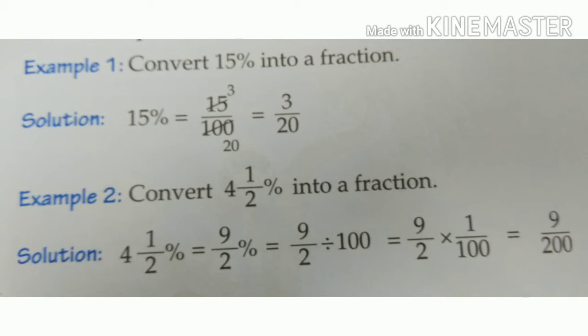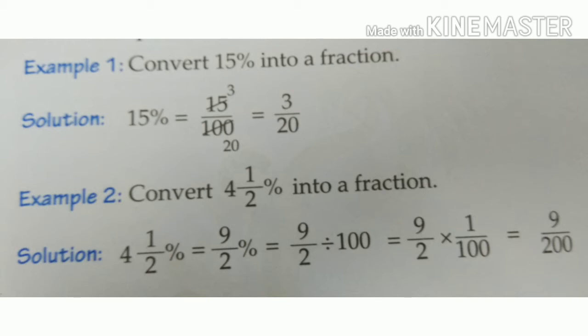Now, 9 by 2 into 1 by 100. Okay. So, 9 into 1, 9, and 2 into 100, 200. Numerator will be multiplied, and denominator will be multiplied. If there will be any common factor, then we will divide.